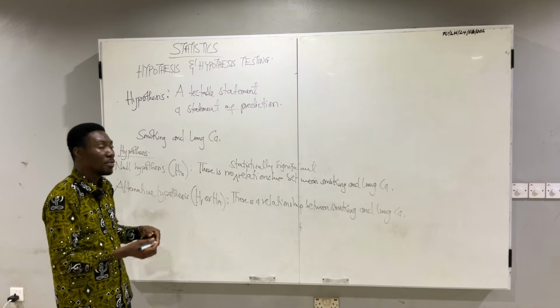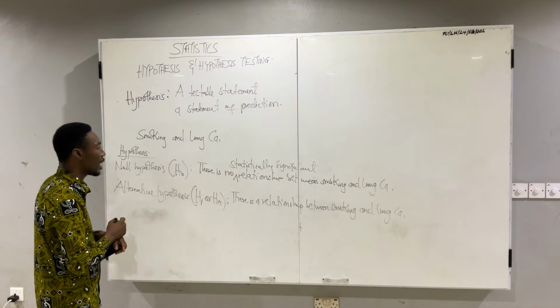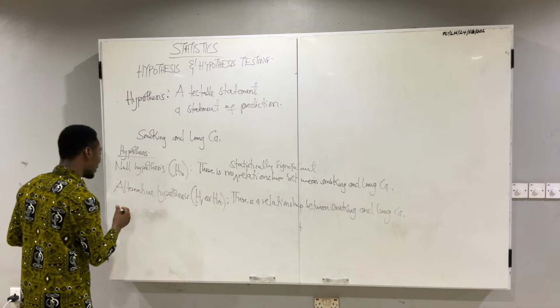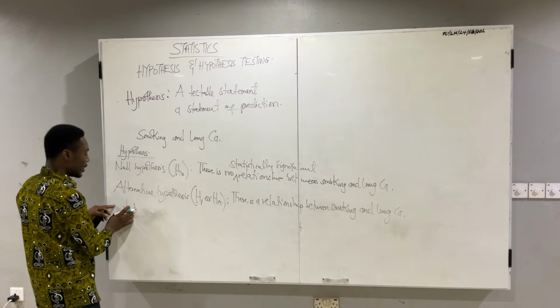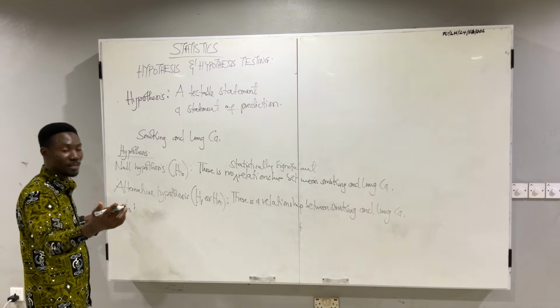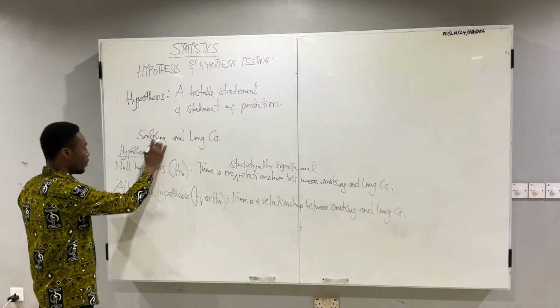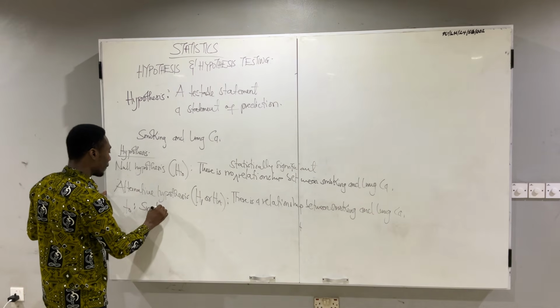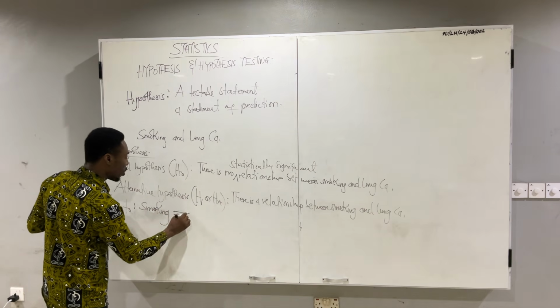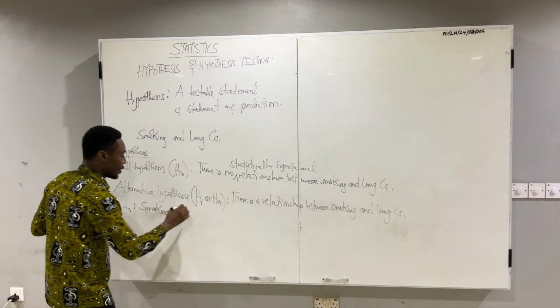Okay, again, you can even write it as a mathematical equation like this. So I can write H0, which here represents the null hypothesis. I'll pick the first variable, smoking, then is equal to, then I cancel it, lung cancer.